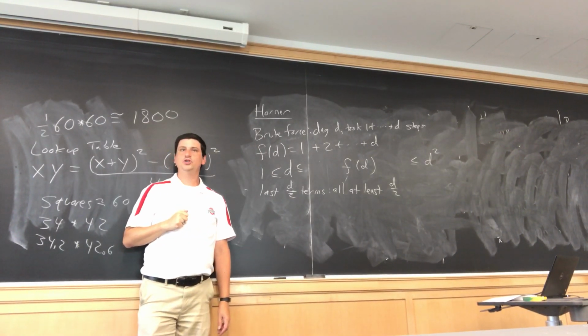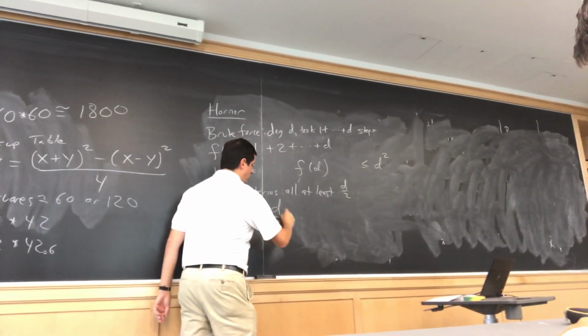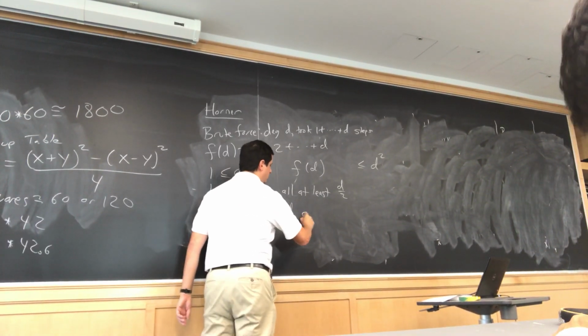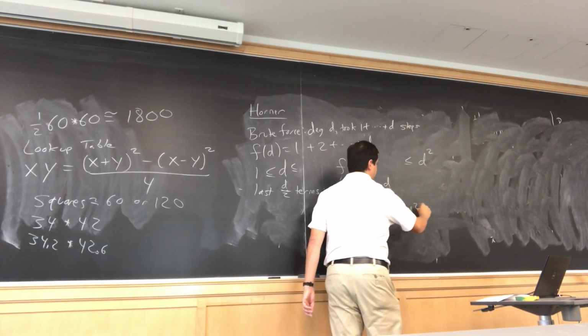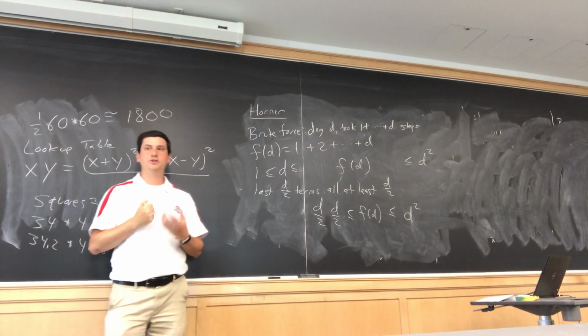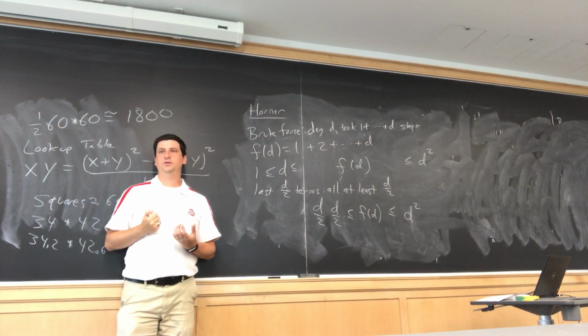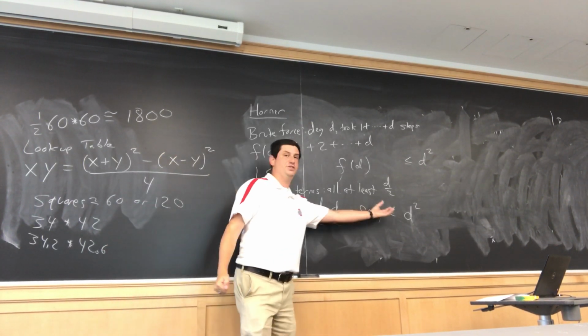So if we look at just the last d over 2 terms, we would get d over 2 times d over 2 is less than or equal to f of d, and that's going to be less than or equal to d squared. And so now all of a sudden we have the correct growth rate. We know that it's growing on the order of d squared. We don't know what the constant is. Is it 1/4? Is it 1?